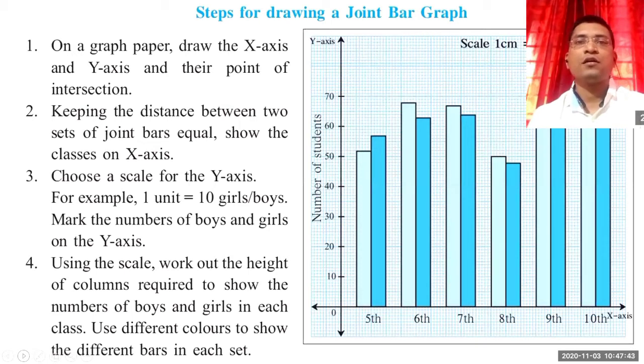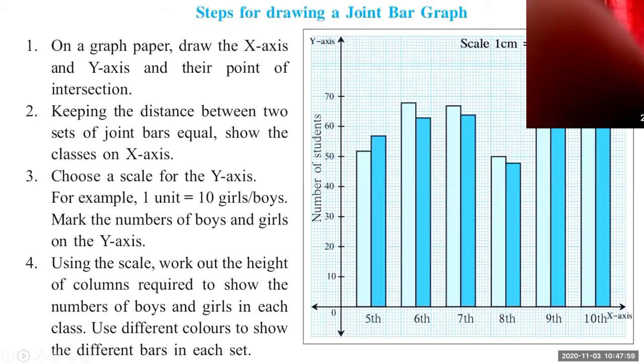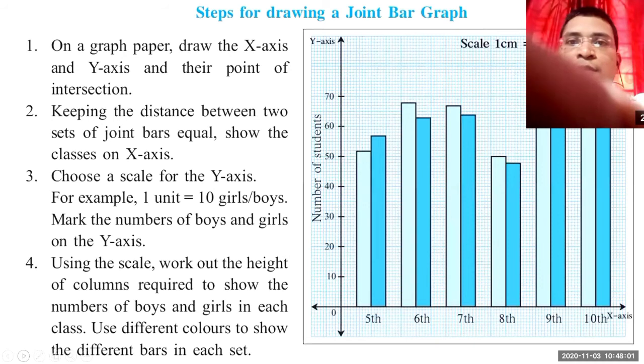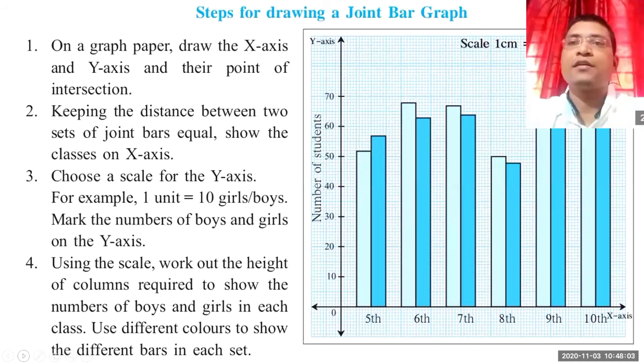Fourth, using the scale, work out the height of the column required to show the numbers of boys and girls in each class. Use different colors to show the different bars in each set.